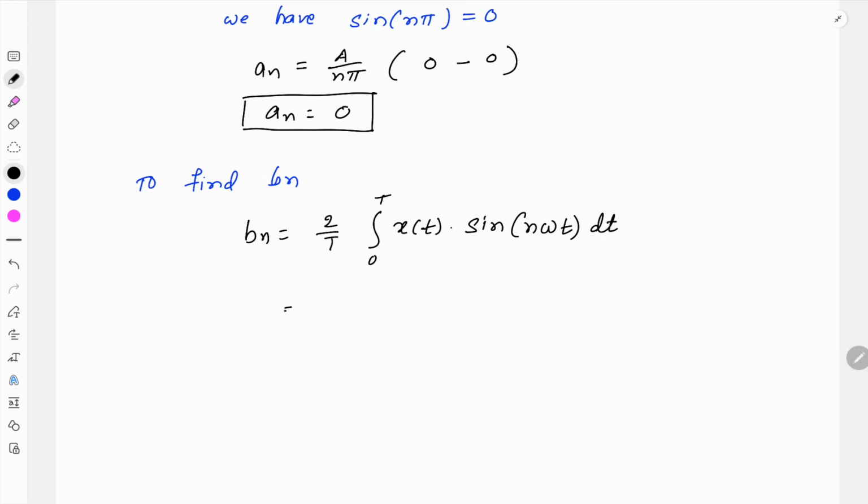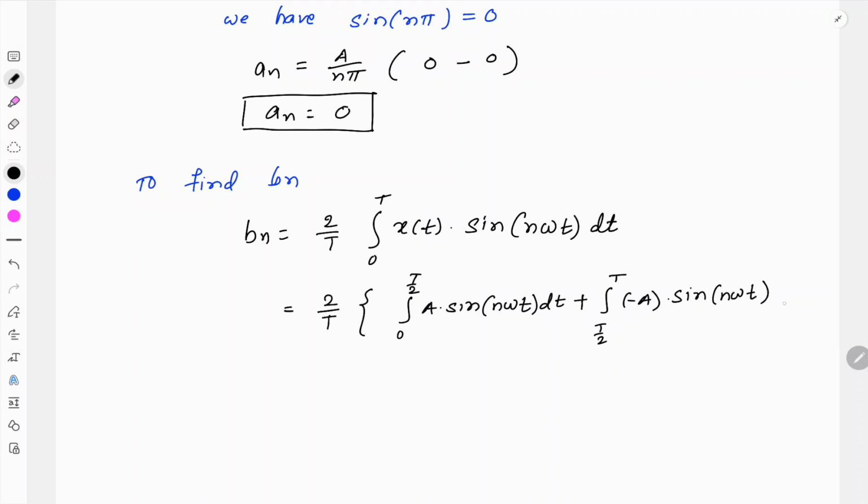So again replace the value of x of t in this equation, with 2 by T as it is. Here we split the integration: 0 to T by 2 of A into sin of n omega t dt, plus the integration from T by 2 to T of minus A into sin of n omega t dt.